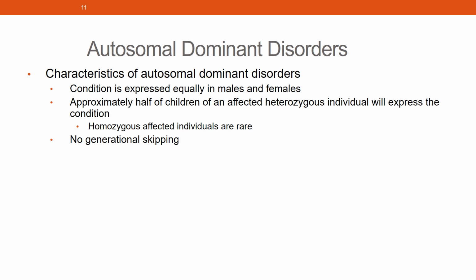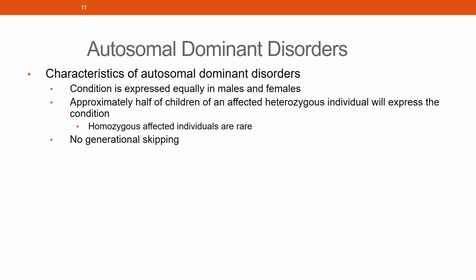When we are talking about autosomal dominant disorder, it may present equally in males and females because it's not sex related. Approximately half of the children of affected heterozygous individuals will show the condition.